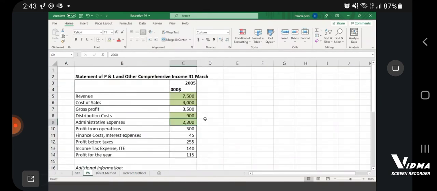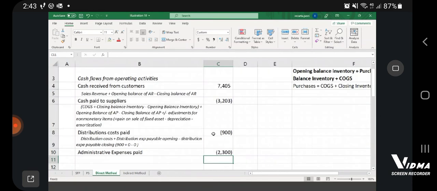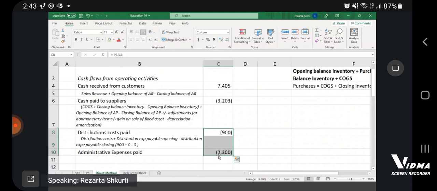So check that the administrative expenses have been taken into consideration and included in the cash flow statement. Any questions so far? Both of these items were pretty easy. The costs are equal to the amount of payments, because I have no liability at the opening or closing balances related to distribution costs or administrative expenses.